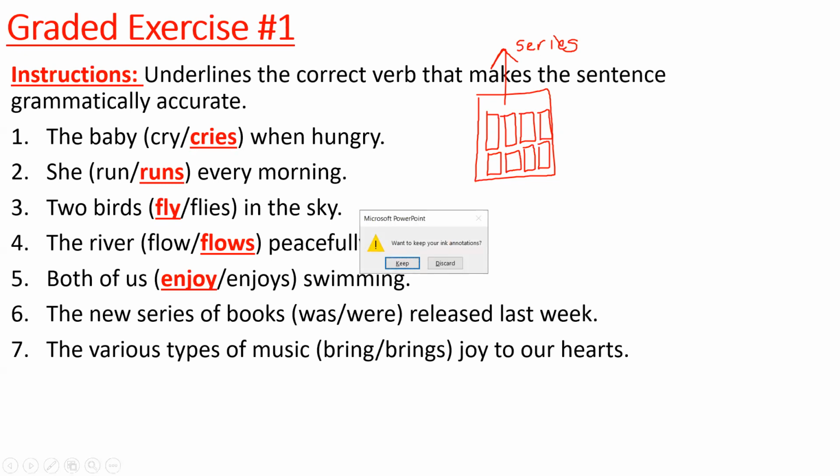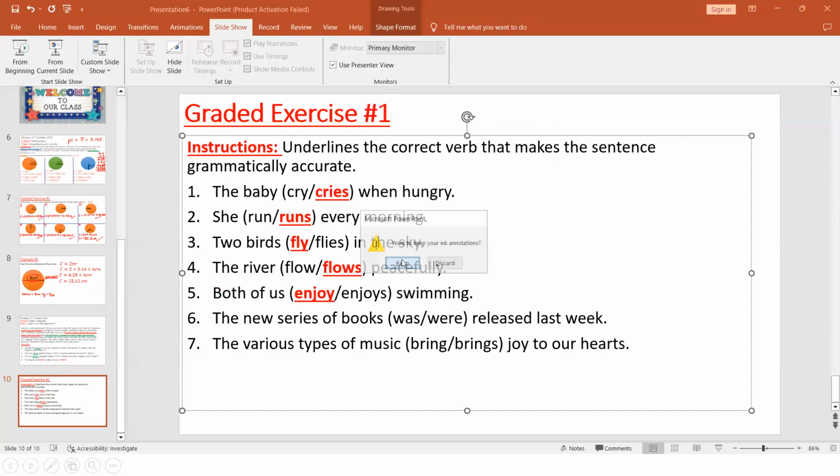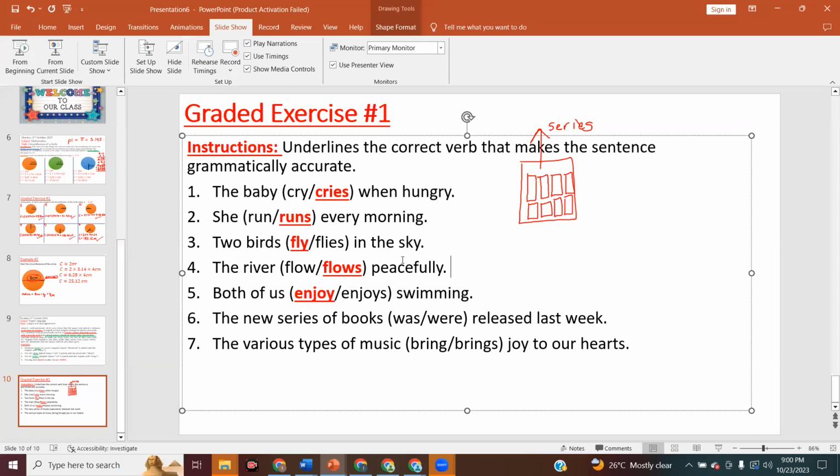So really and truly, it's a singular entity. So series, we call it a collective noun. We need to do collective nouns in this class. So it is actually a single entity, so that's going to be single.